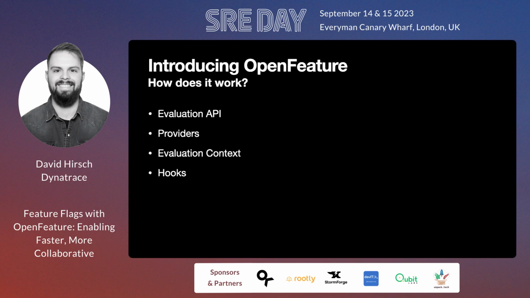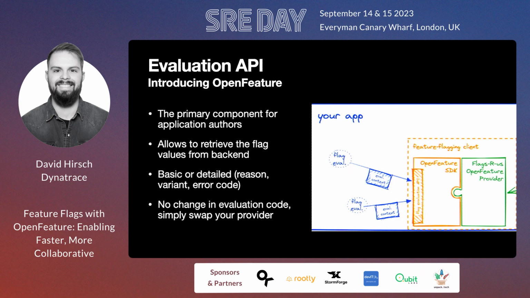So what are the different parts of OpenFeature? We essentially have 4 critical parts. The first one is the evaluation API. What is it for? Well, this is the first point of contact for anyone working with feature flags.